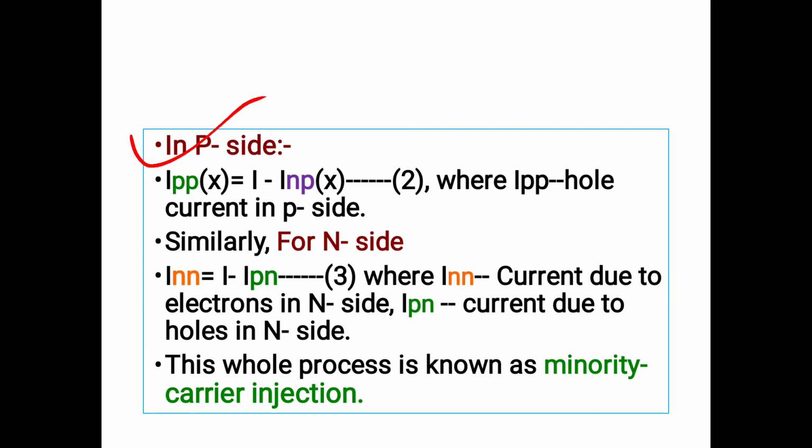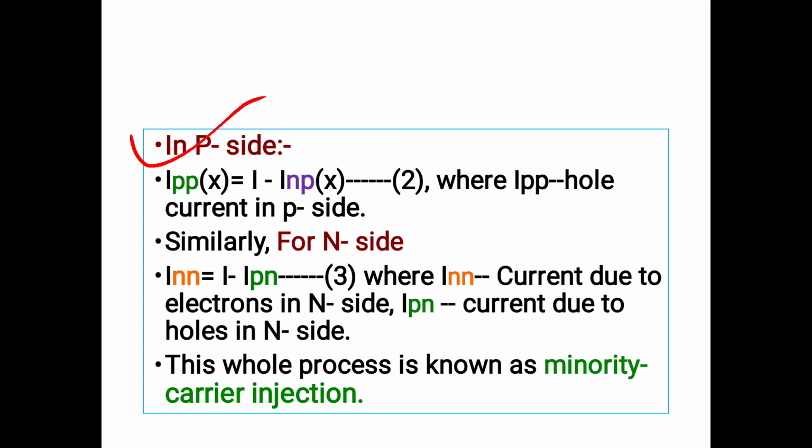What is happening here is that as the holes move from the P side to the N side, some of them recombine with the electrons at the junction, and the remaining holes approach the N side.